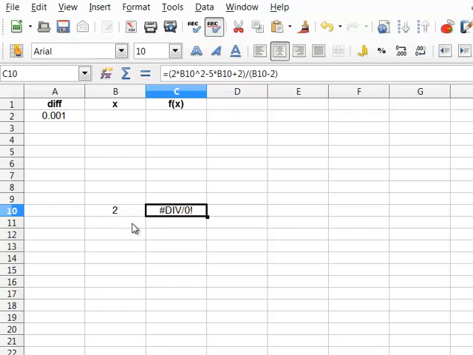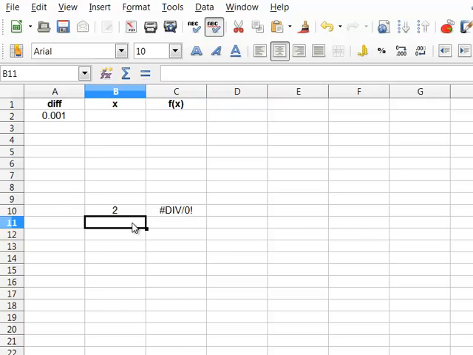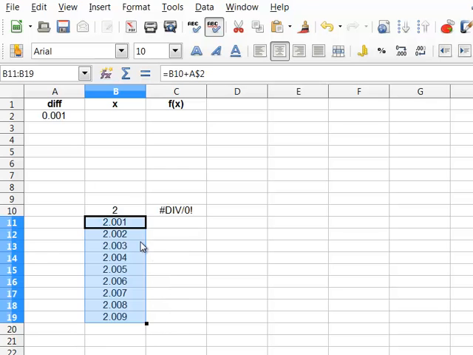And now let's change this. Let's say that this cell is equal to the previous one plus this difference here, except I'm going to make that an absolute reference so that as I drag it down, it's always going to be pointing back to the same cell. Okay, so let's drag this down a ways.